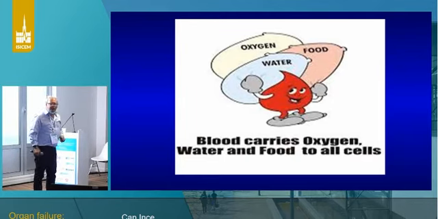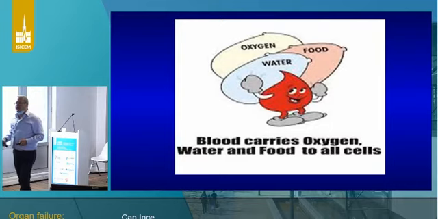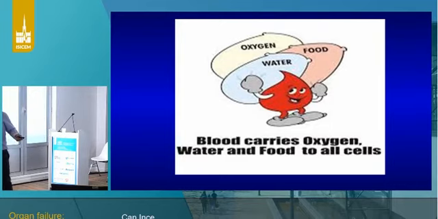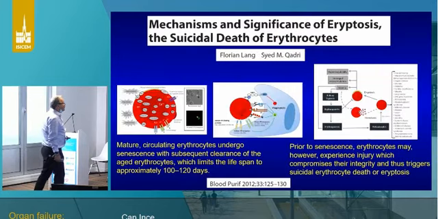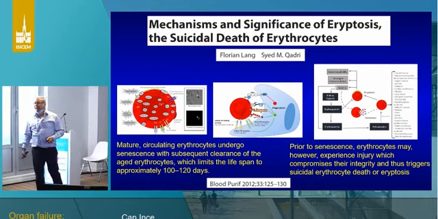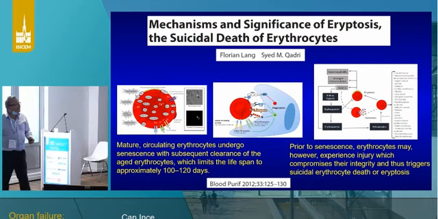So each cell, too, has its own death story. One of the best described, of course, are the erythrocytes. The erythrocytes also have a suicide program, if you like.